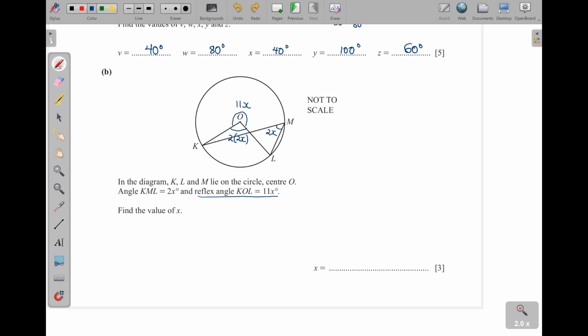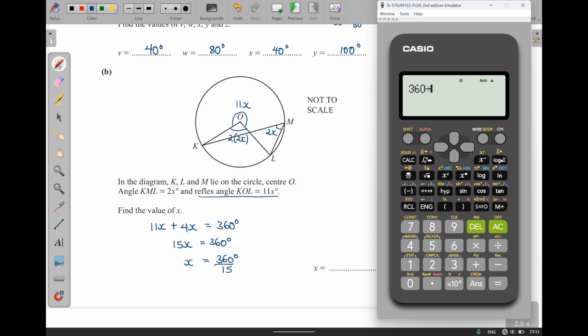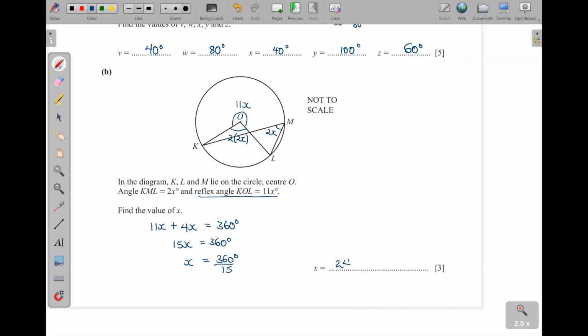So we shall have 11x, then plus 2 times 2x, we get 4x, right? Then it's equal to 360 degrees. So this is 15x, which is equal to 360 degrees. x here is going to be 360 divided by 15. What do we get? 360 divided by 15, 24. So x is equal to 24.